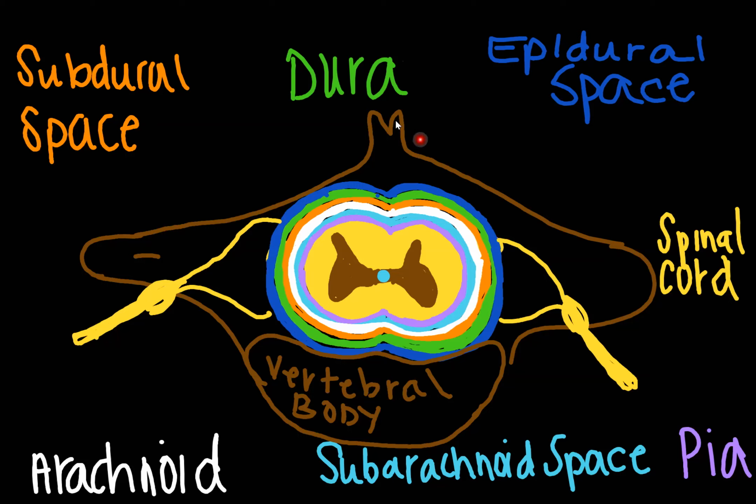So the brown outline that you see here is showing the vertebra. The spinal cord is going to be this yellow structure here in the middle. The first layer, the superficial layer that we see, is the epidural space.